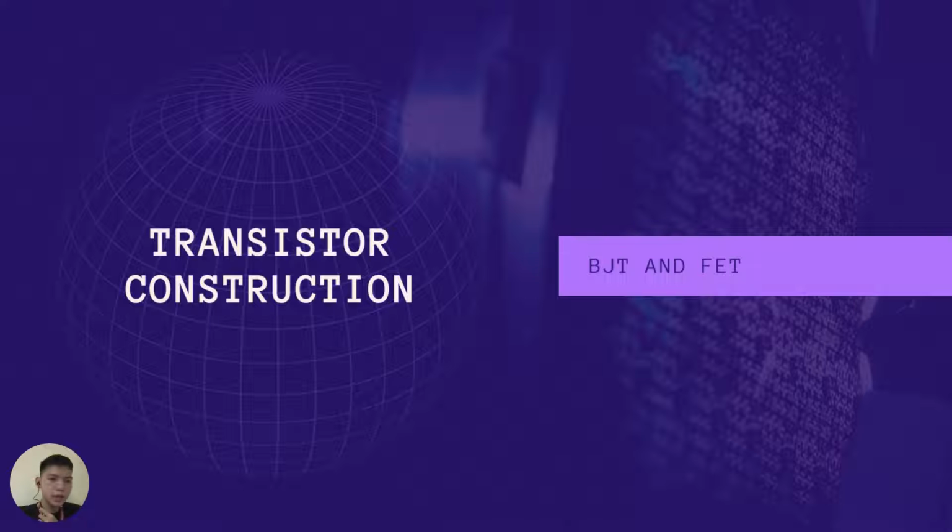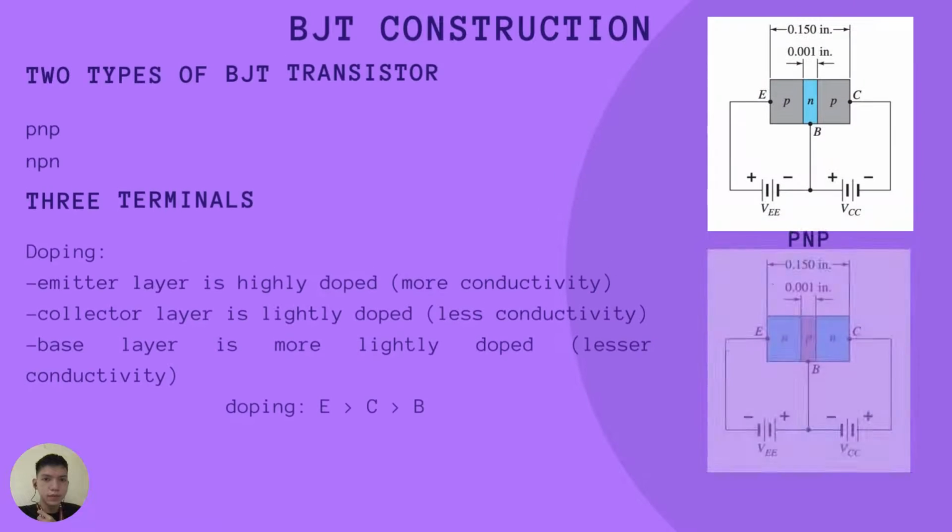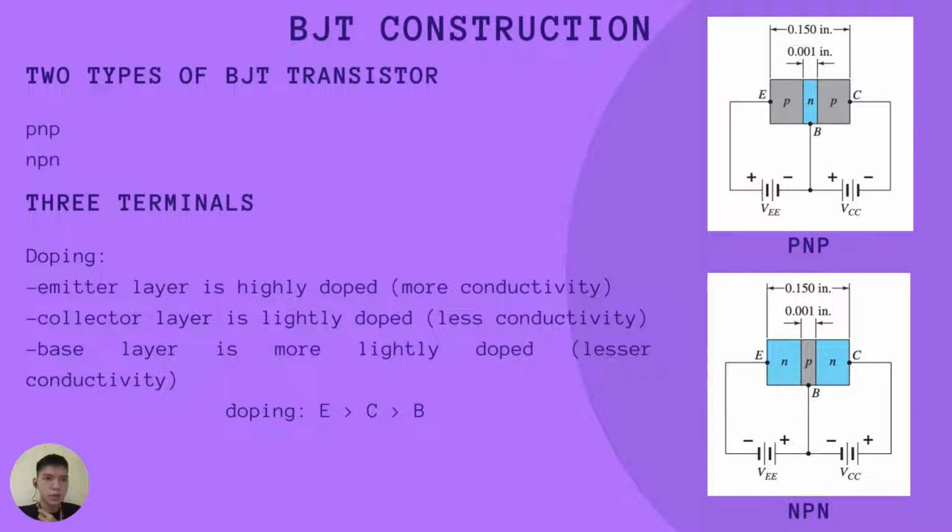So next we have the transistor construction of BJT and FET. So in BJT construction, natay duha ka types ra ba og BJT transistor. We have the NPN or the PNP. So mo ni siya ang PNP nimo ag imong NPN. The three terminals of BJT transistors are named emitter, base, and collector.